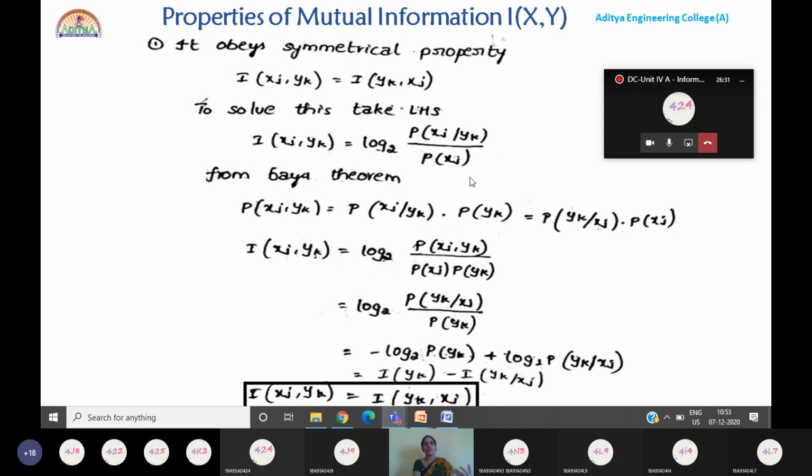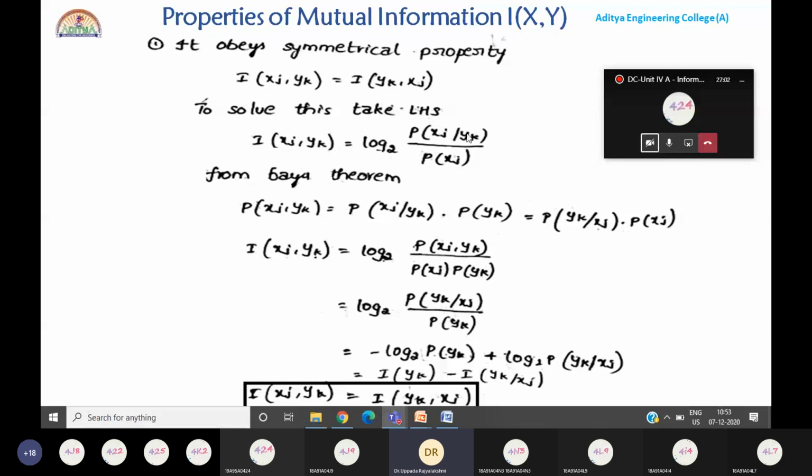So it is mandatory to use Bayes theorem, because Bayes theorem states the relation between the marginal probabilities P of xj and P of yk, the conditional probabilities P of xj by yk and P of yk by xj, and the joint probability P of xj comma yk. We used P of xj by yk and replaced it in terms of joint probability.